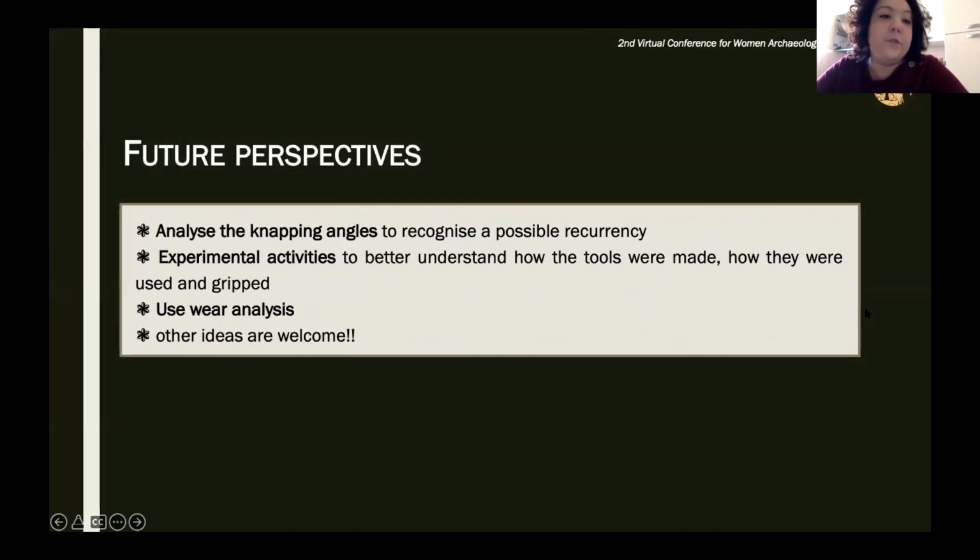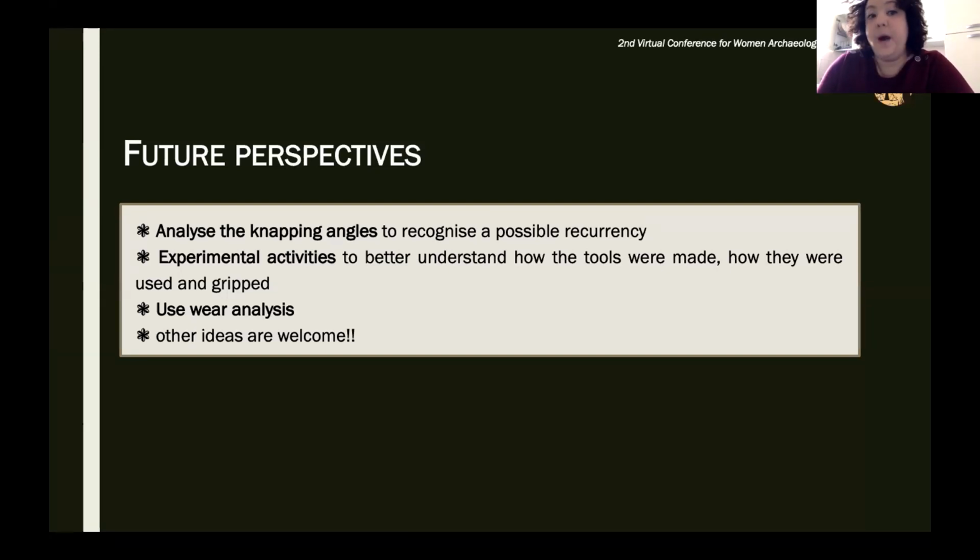So for the future, I would like to try some experimental activities to better understand how the tools were made, used, and gripped, because the retouch that some of these fragments have on the edges seems not to be functional.